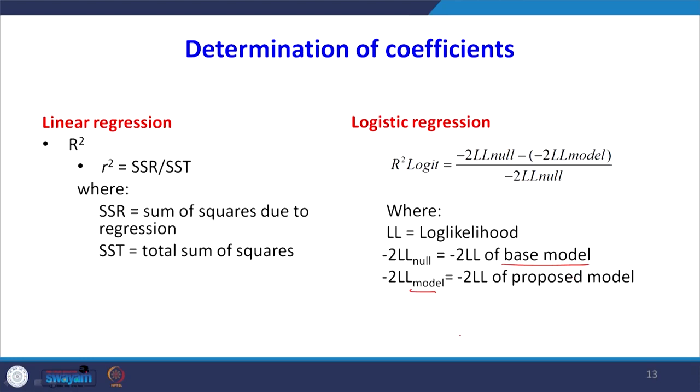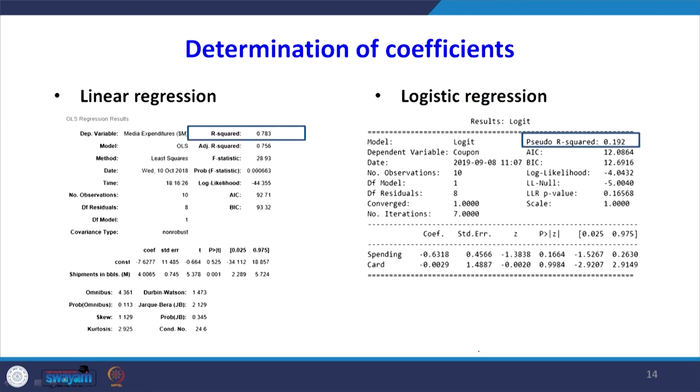When you bring a new independent variable into the logistic regression model, the corresponding log likelihood value is called the model value for log likelihood. As I told you, I have run this previously. See here, R square 0.783, here it is pseudo R square.